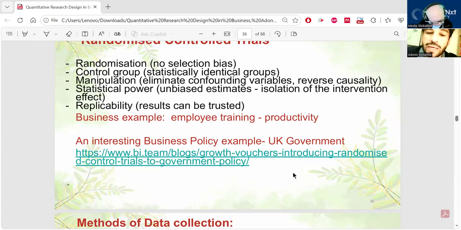I have the link here. This is a very important study because it demonstrated that randomized controlled trials could be very, very useful in business research.